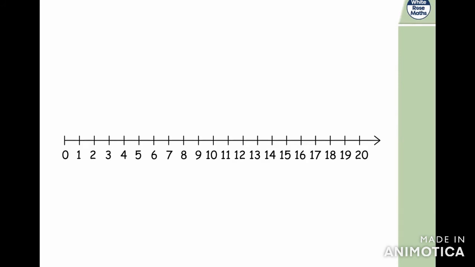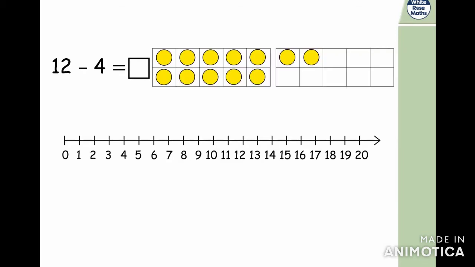We can use 10 frames to solve these calculations, but we can also use a number line. 12 subtract 4. Here are my 10 frames, and here's my number line. 12 is my whole, so I've got 12 counters, and I've circled 12 on my number line.